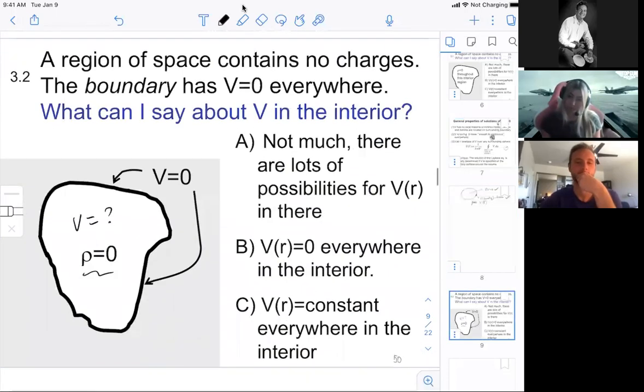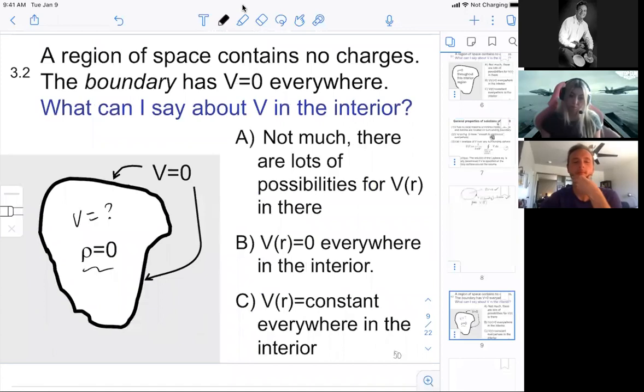Yes, so by using this, there are actually multiple ways to answer this question. If you think V is not 0 inside, let's say V is larger than 0 inside, then V equals 0 is the minimum, then you have a maximum that must be inside.